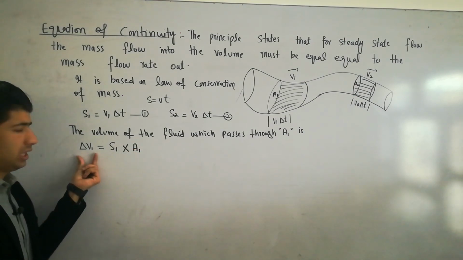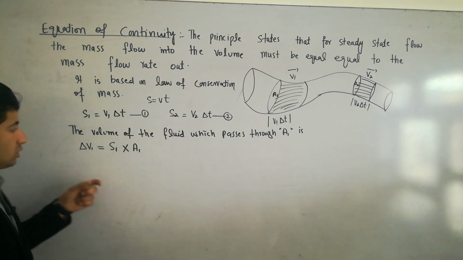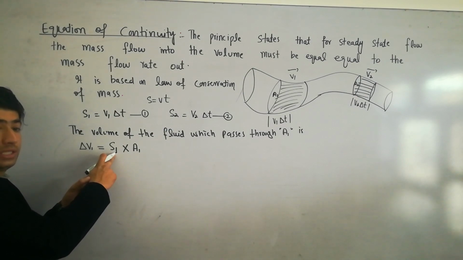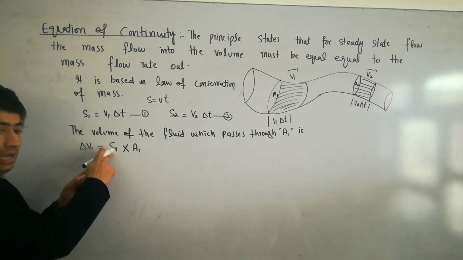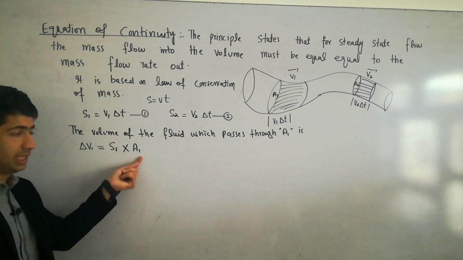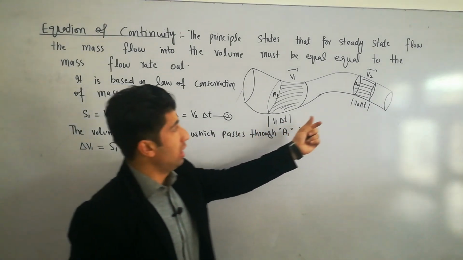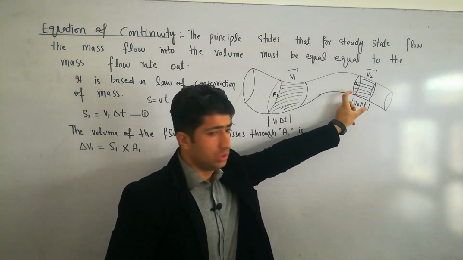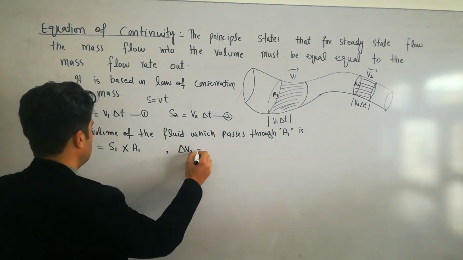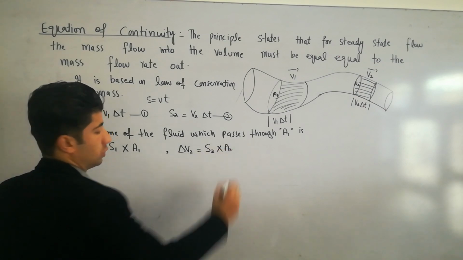As you know, volume is equal to length times width times height. Area is length multiplied by width, and S1 is the distance, so if you multiply distance with area, it will give you volume. Similarly, the volume of the fluid which passes through area A2 is delta V2, and that is equal to S2 multiplied by A2.